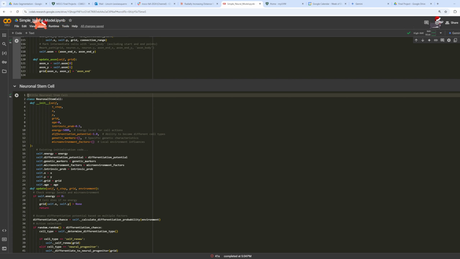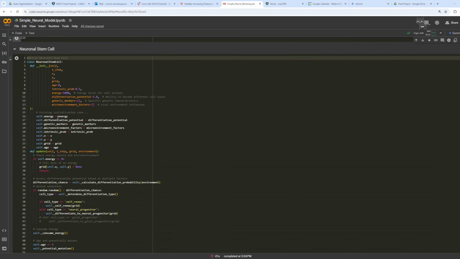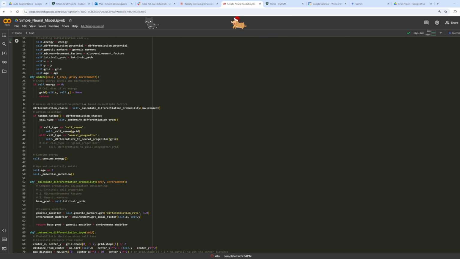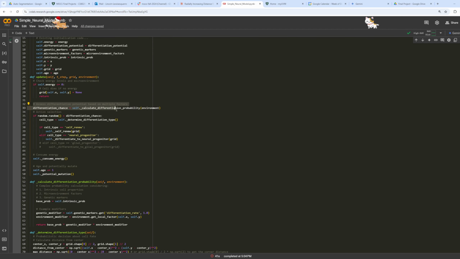And then I implemented a new class called the neuronal stem cell. So this is mainly where the agent-based modeling that I have implemented in this project comes in. Each neuronal stem cell has a certain amount of energy, differentiation potential, and intrinsic probability. Every time step it consumes energy, obviously, and there are chances based on the environment.